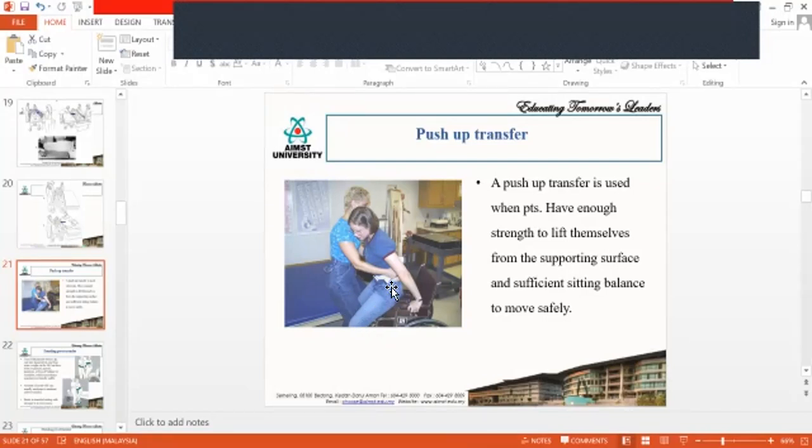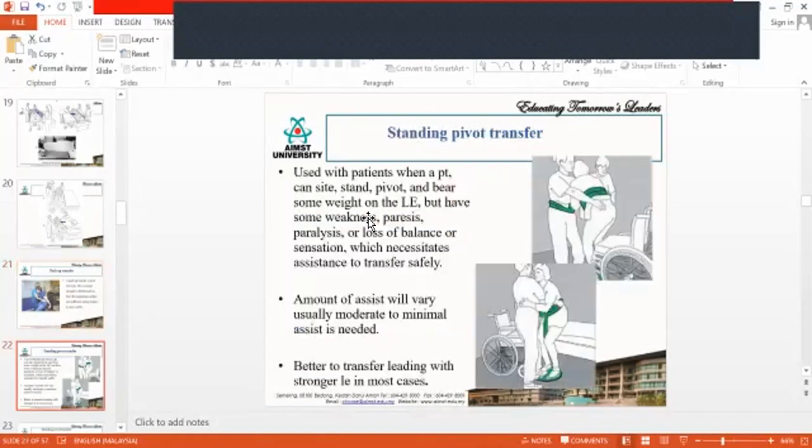So you can see in the picture, the therapist is holding the waist. So you can use a therapeutic belt, or you can use the waist, or you can also use the patient's pant or something and hold the patient. The person will be giving a push and getting up by themselves. That is pushing the buttock up, then getting transferred to the other place. So this is called push-up transfer.